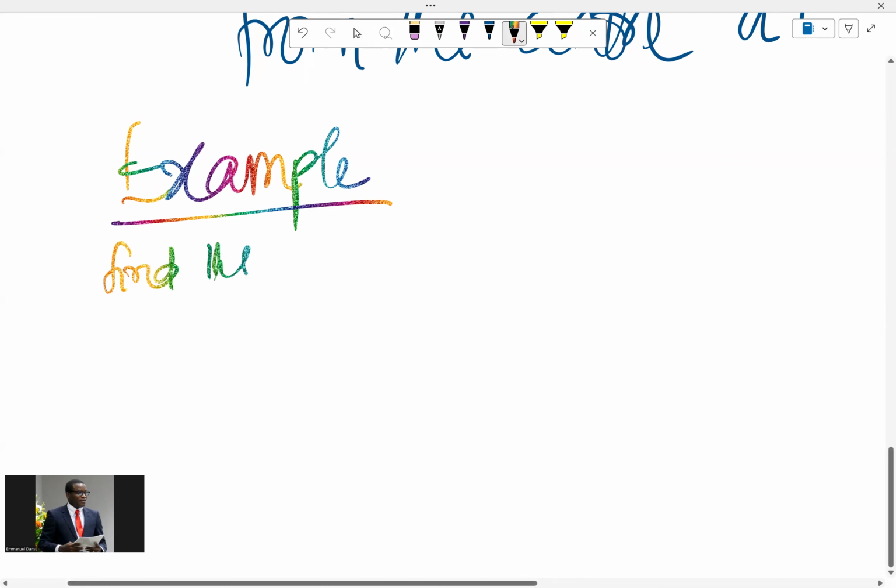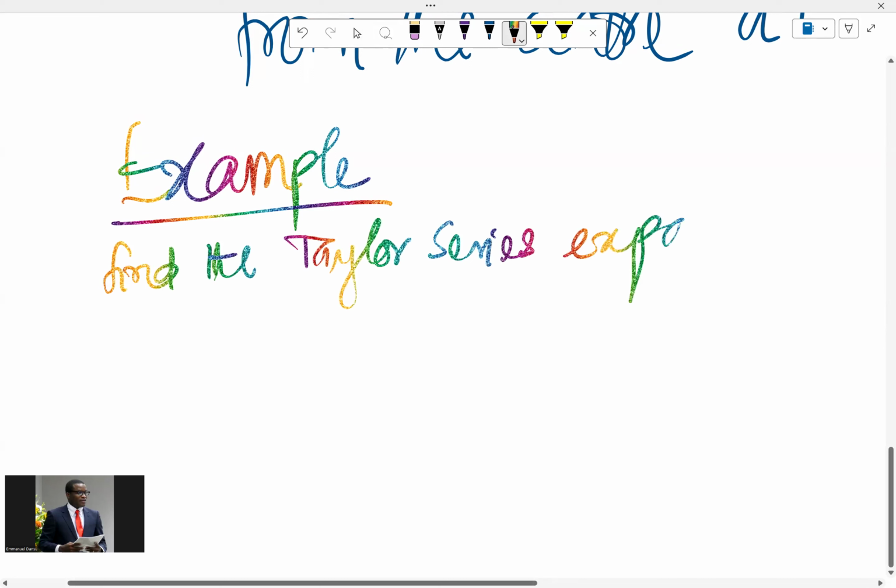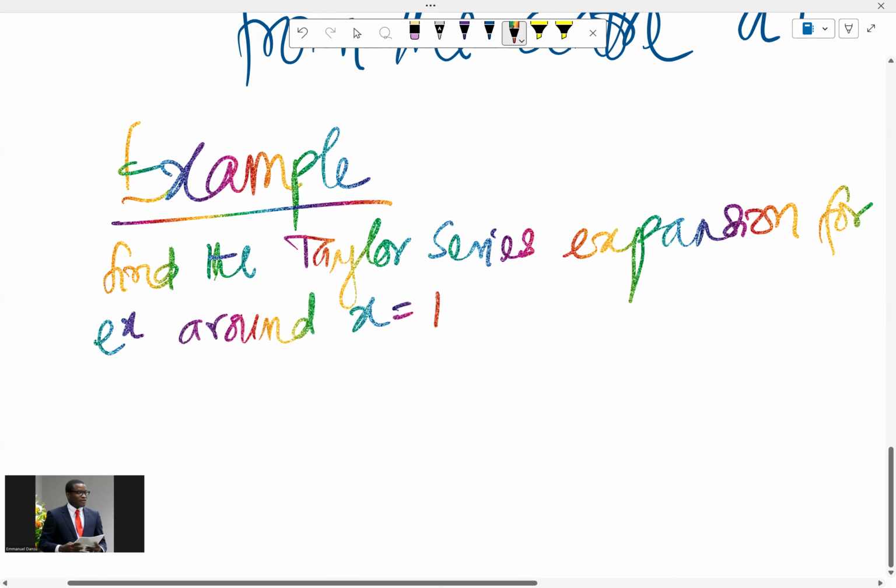Find the Taylor series expansion for e raised to power x around x equals 1. So the center is 1 now, and the function is e raised to power x, the exponential function.